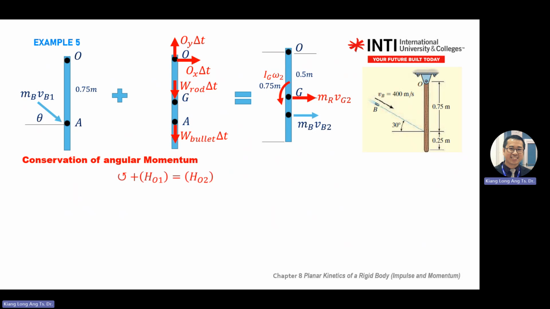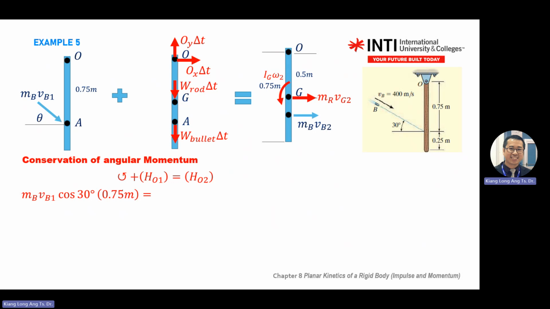Okay, so H1 before equals H2, then you do your calculation. How to do H1? H1 does not have rotation, so you only have translation. So this one, mv, is a vector with an angle. You can change this one to x and y.